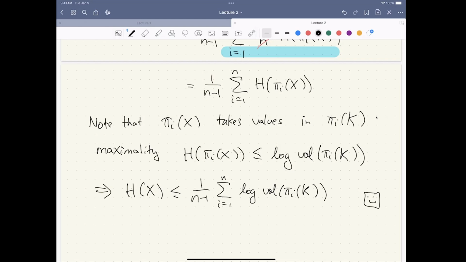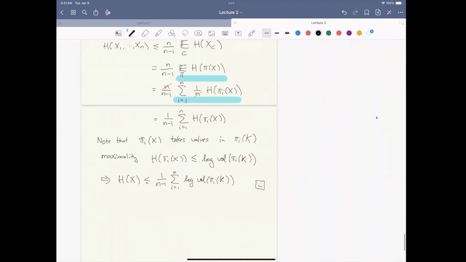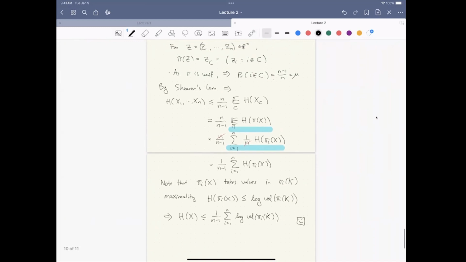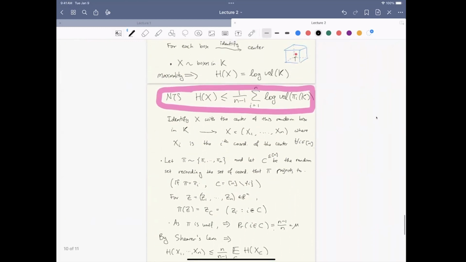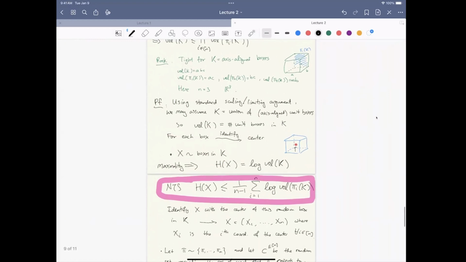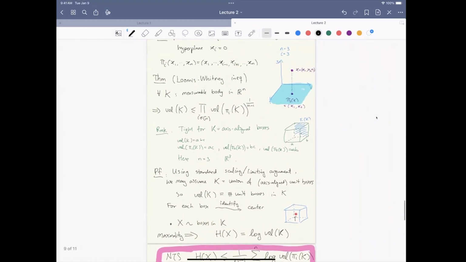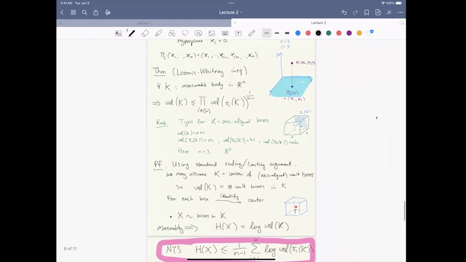Oh, we're right on time. Okay, so that is what we want to cover today. Shearer's lemma, the most important one, and the application of it to prove this Loomis-Whitney inequality. Any question?